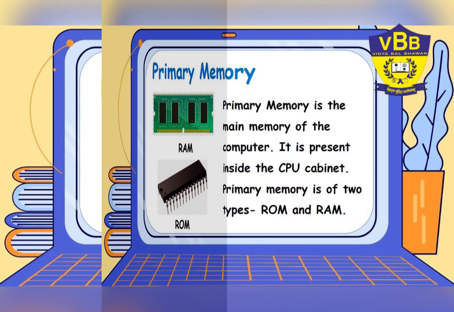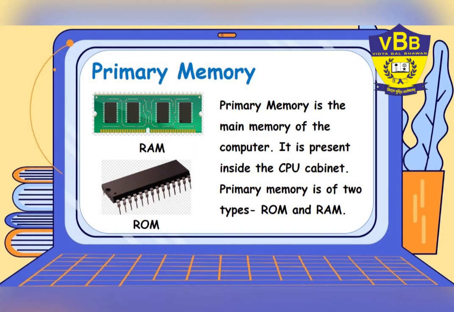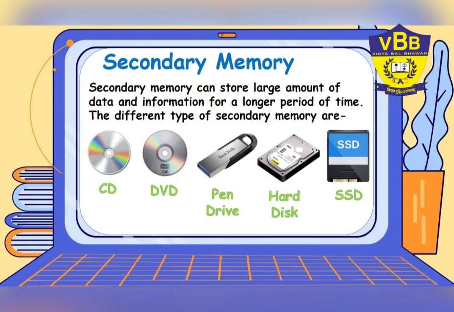Further, storage is divided into two categories. First one is primary, or we can say it is the main memory of our computer. Its examples are RAM and ROM. Both memories, RAM and ROM, are present inside the CPU cabinet. RAM is random access memory and ROM is read-only memory. Our second memory is secondary, or external memory.